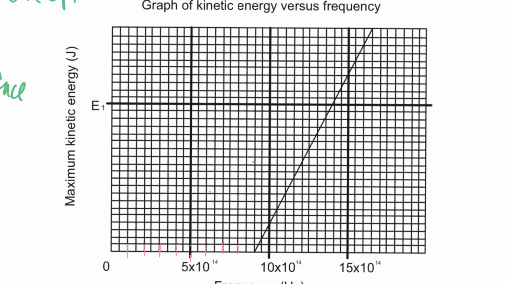So it's 6 times 10 to the power of 14, 7 times 10 to the power of 14, 8 times 10 to the power of 14, 9 times 10 to the power of 14.